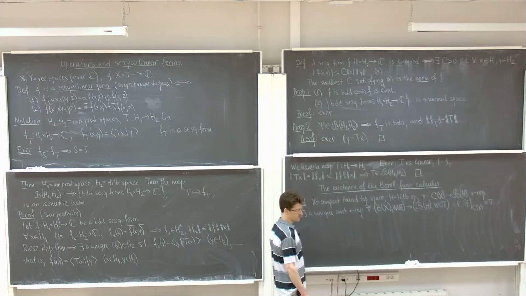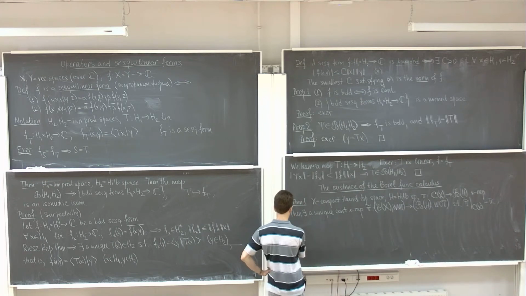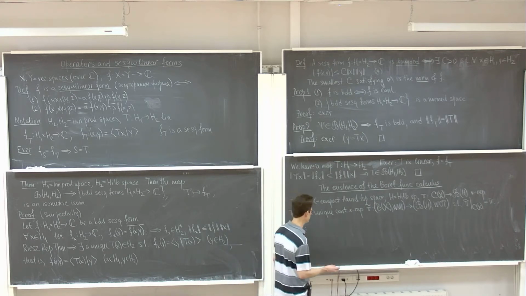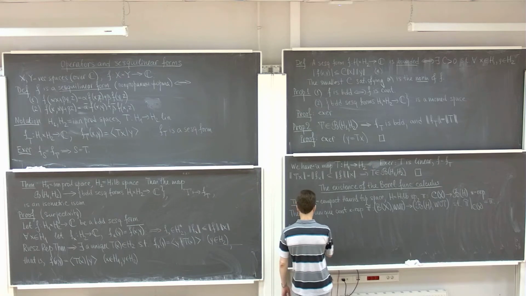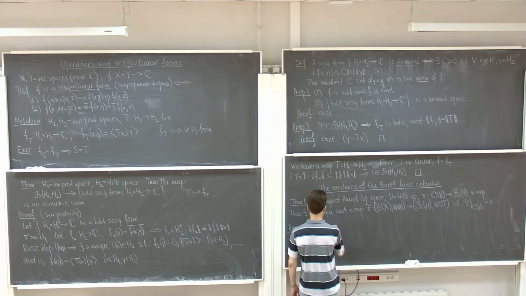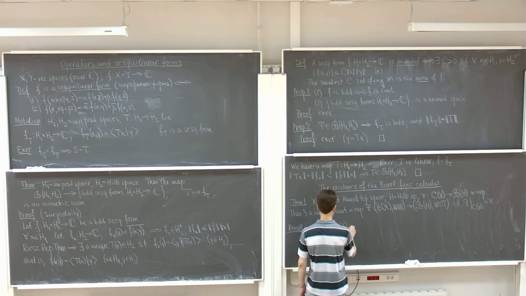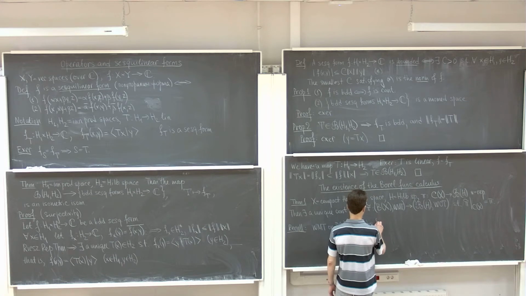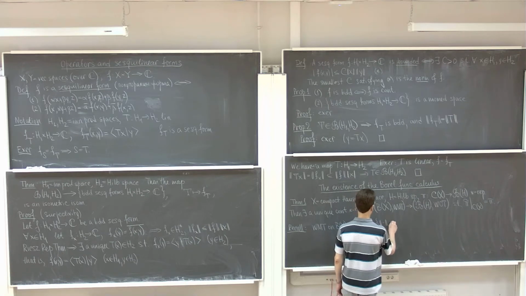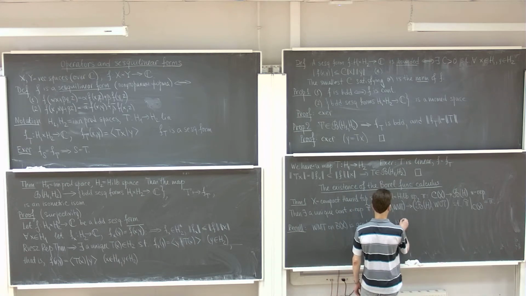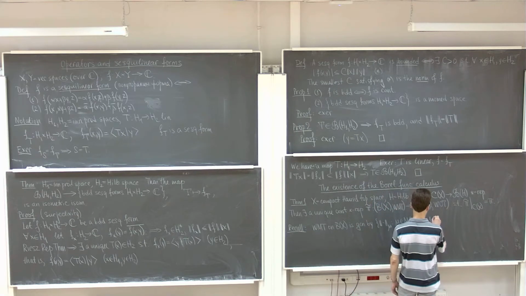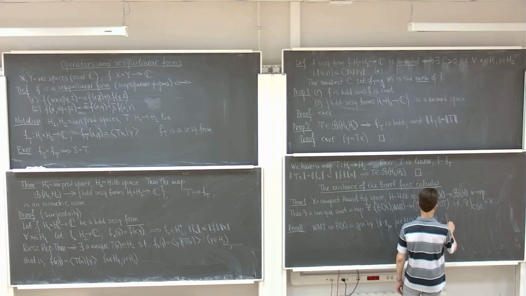Okay, so before we prove this result, let's briefly recall the definition of the weak measure topology and of the weak operator topology, because it is essential here. So the weak measure topology on the algebra of bounded Borel functions on X is generated by the family of seminorms, where each seminorm is indexed by a complex Radon measure on X. And this seminorm is defined as the absolute value of the integral.